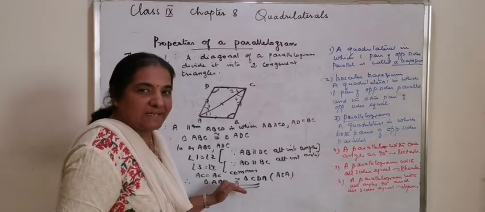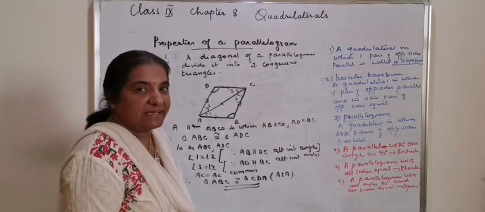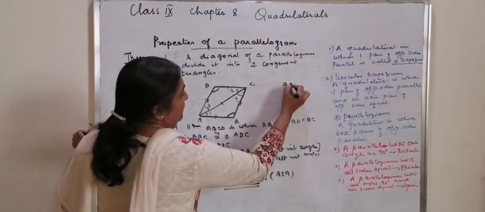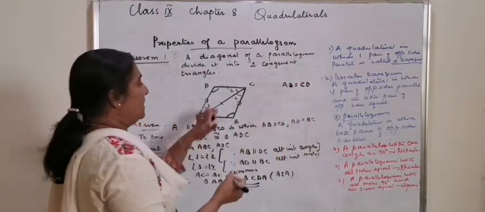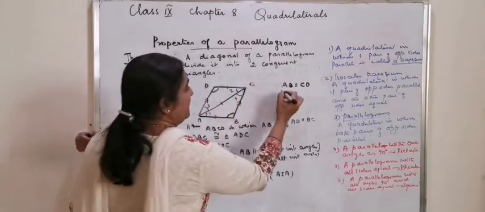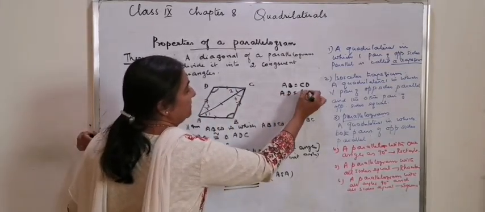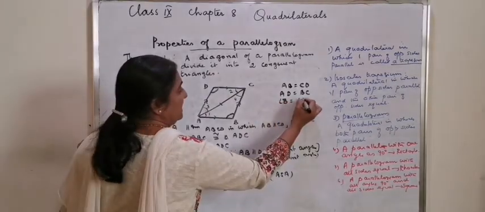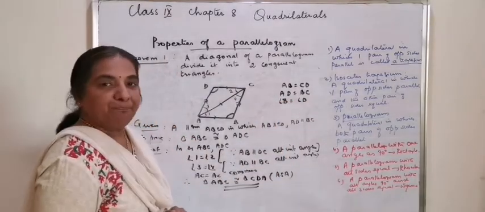After proving the triangles congruent, let's write the corresponding parts. AB and CD are equal. AD and BC are equal. Similarly, angle B and angle D are equal.